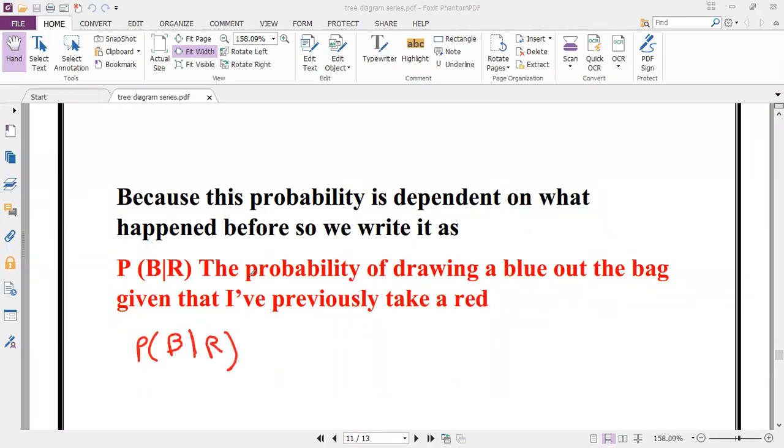That means the probability of drawing a blue out of the bag, given that I have previously taken it. So what does it mean? Simply, I took blue, then I find the probability after taking the blue.